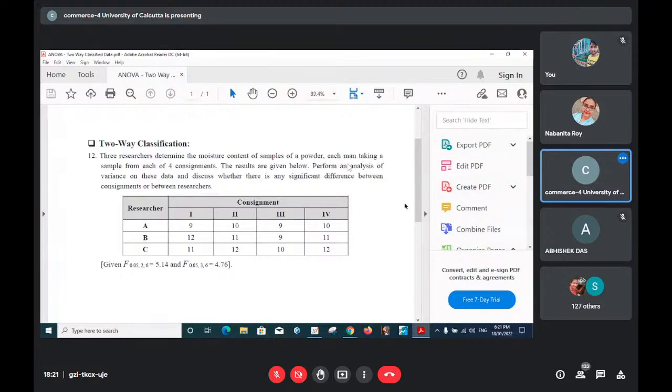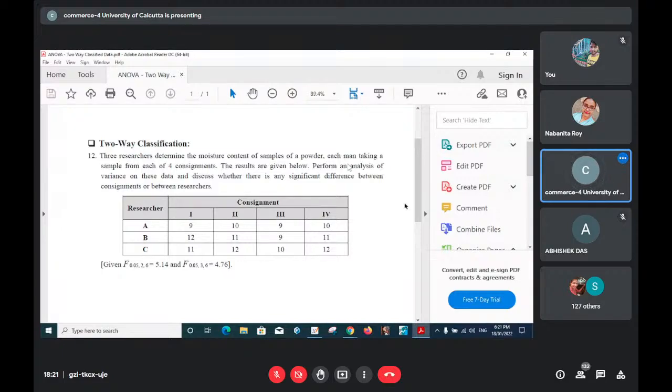But when the causes of variation among the samples are two, that means more than one, in that case we have to apply the ANOVA with two-way classified data procedure.